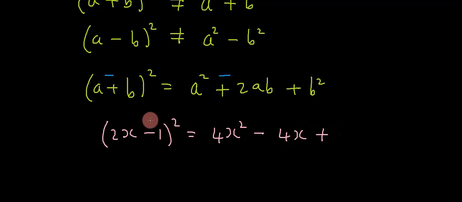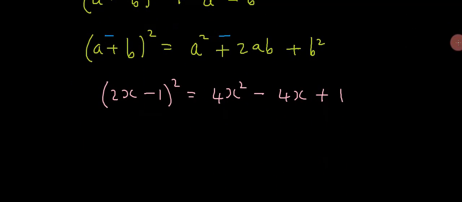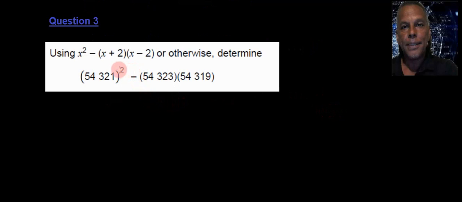Then plus the second term squared, which is 1. So 2x minus 1 all squared equals this here, and it's not equal to 4x squared plus 1. You could, of course, also have used the long method using FOIL to square out these brackets, and you will get the same answer. The last question here is a non-routine or high degree of difficulty type question.